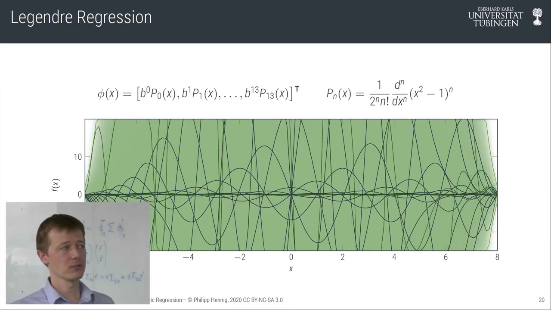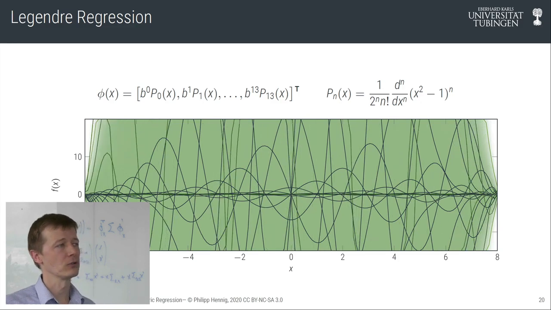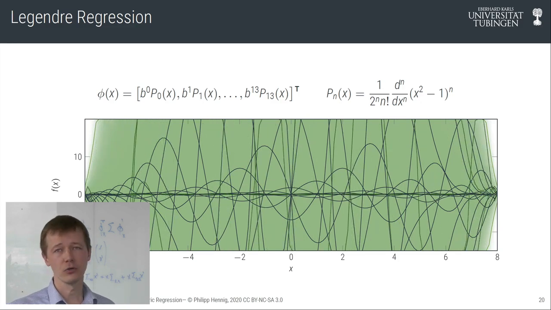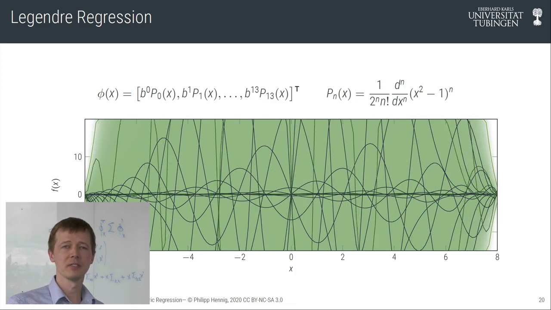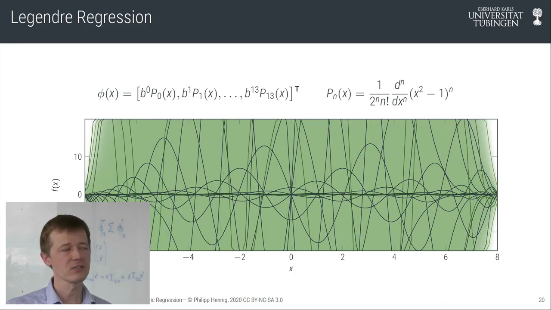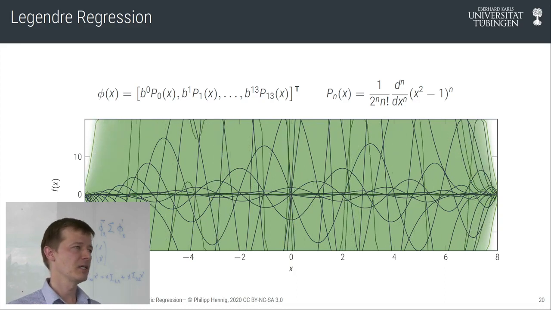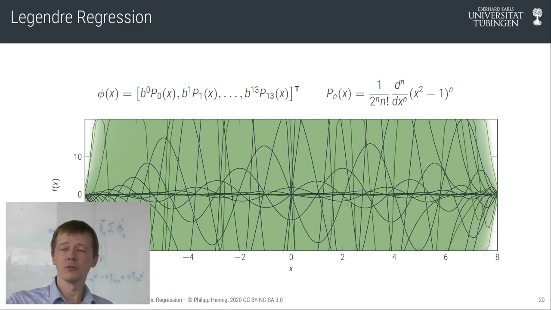You could also use all sorts of other weird, maybe not necessarily nasty, but weird or exotic choices of features. In certain applications in science, people have come up with very smart choices of features. Here, for example, are Legendre polynomials, which are an interesting set of polynomials that are defined on a bounded domain.